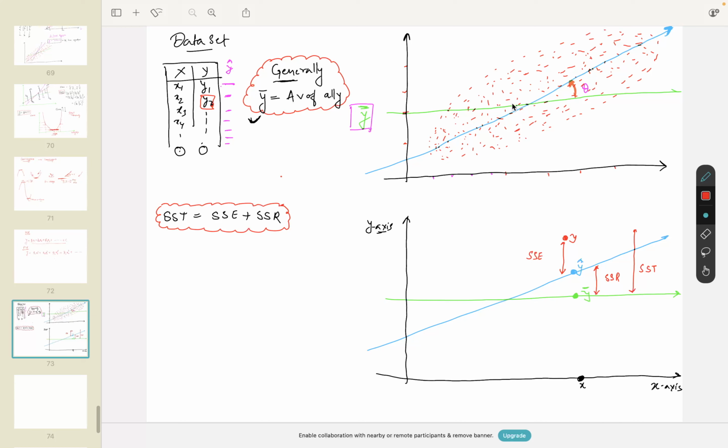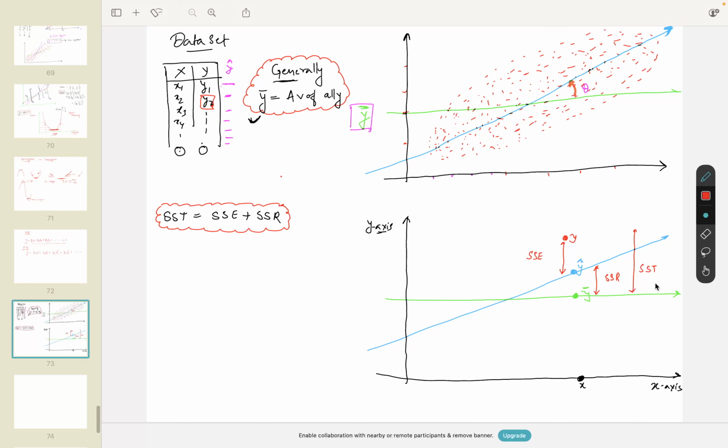That's why the maximum error should be from the y actual to the y average, because if we are planning to have a machine learning algorithm, then the error should be less than what the y average is giving us, right? Getting my point or not?